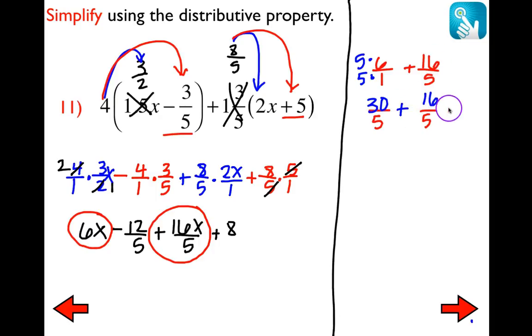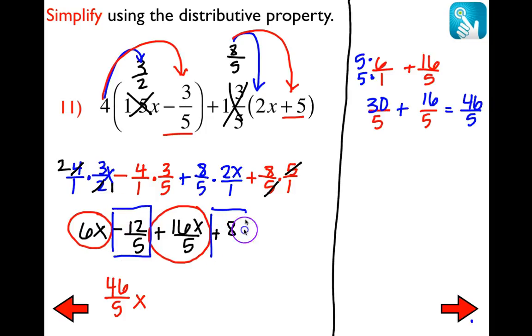We're going to add, leaving us with 46/5. It's already reduced, so I'm going to go ahead and leave it as so. We're going to put 46/5 x.